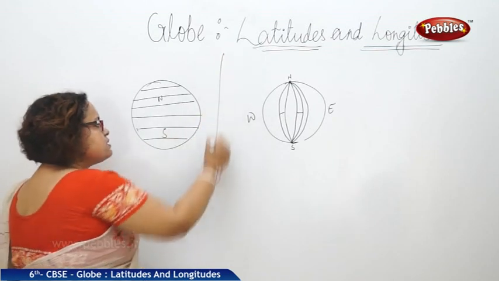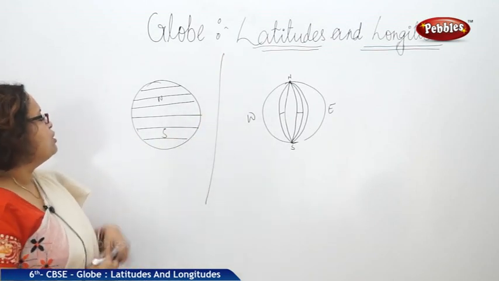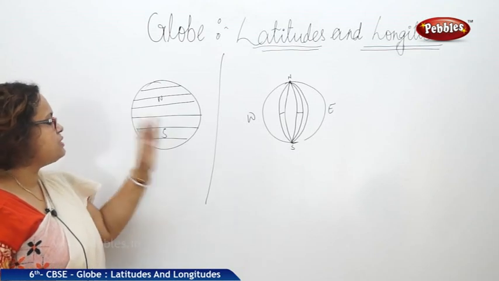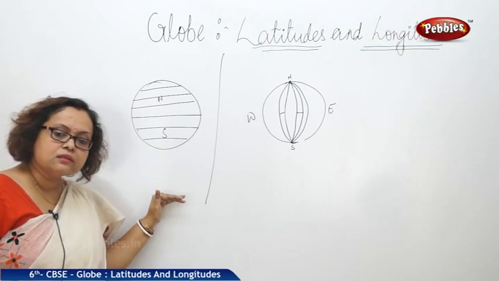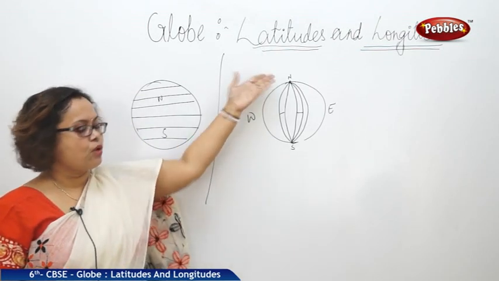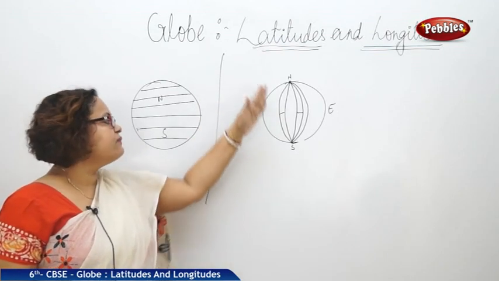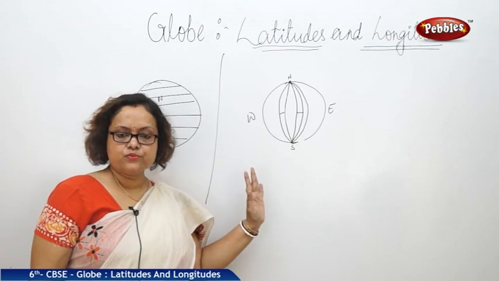So what are the differences we find? The lines of latitude are going from east to west, and they are dividing the earth into northern and southern hemisphere. Here we find that the lines are going from north to south, and they are dividing the earth into eastern and western hemisphere.